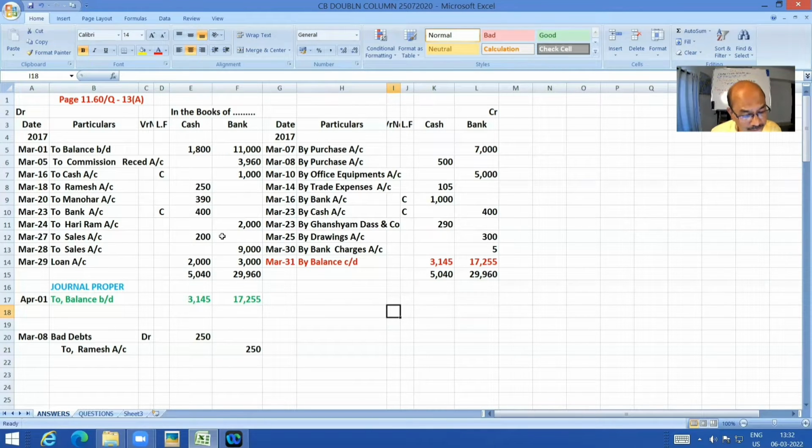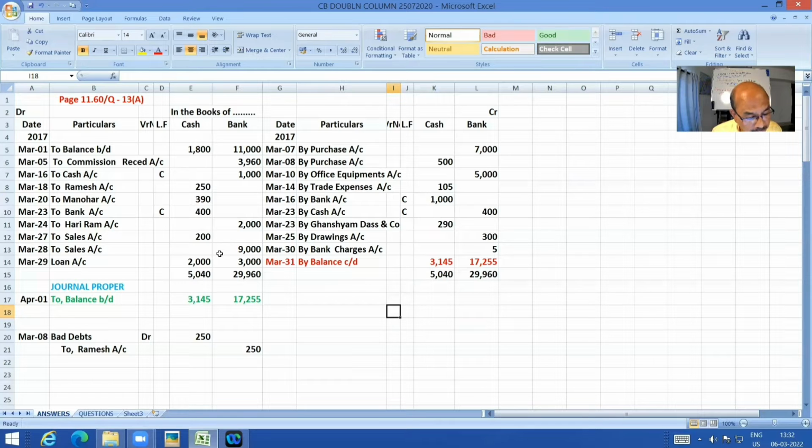Why? You can ask me. There is a general rule. If an amount is received from somebody, or an income we have received, and it has been deposited on the same day, we can dispense with the contra entry. Had it been through contra entry, what would have been the entry?